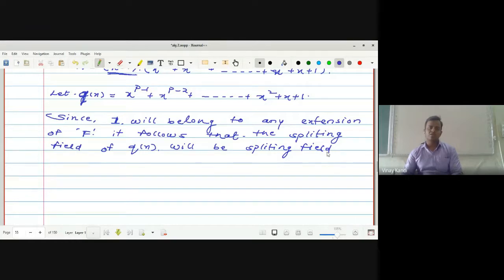Instead of finding the splitting field of f of x, here we have to find the splitting field of g of x. Why? Because 1 always belongs to any field, any extension field. So the splitting field of g of x will be the splitting field of f of x.